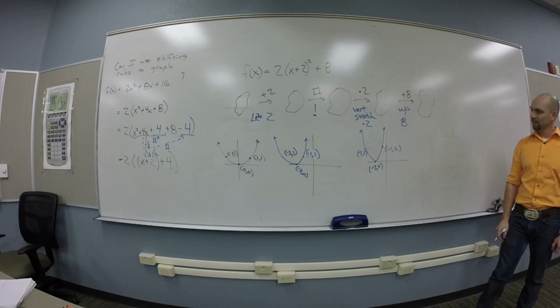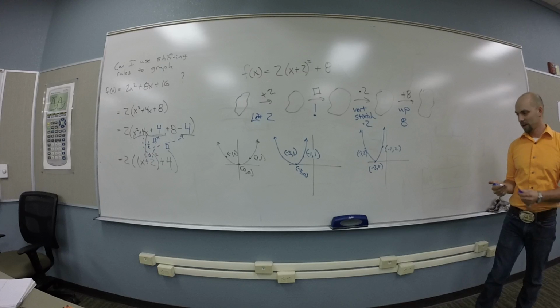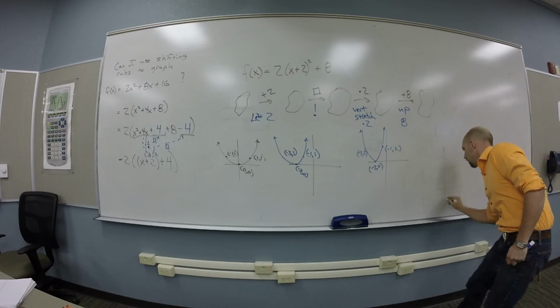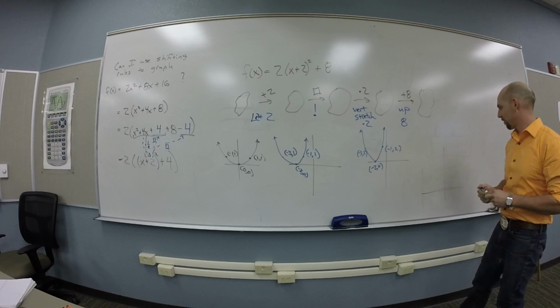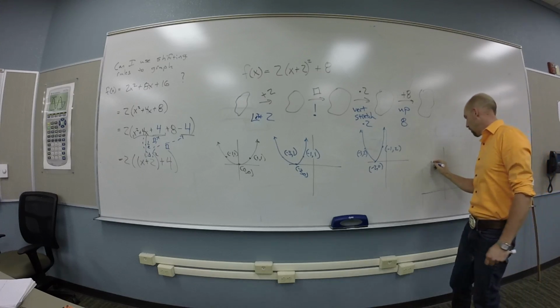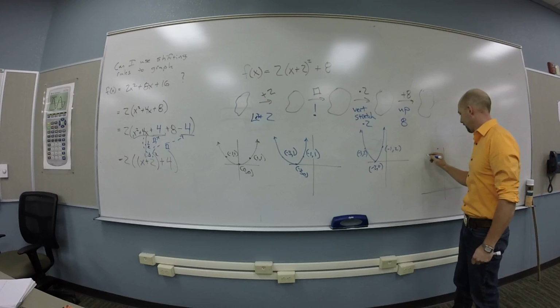And then what's the last thing? Okay. Shift the whole thing up 8 units. Right? So on my picture, really that amounts to move everything over and just move the x-axis down, right? So where are my 3 points now?